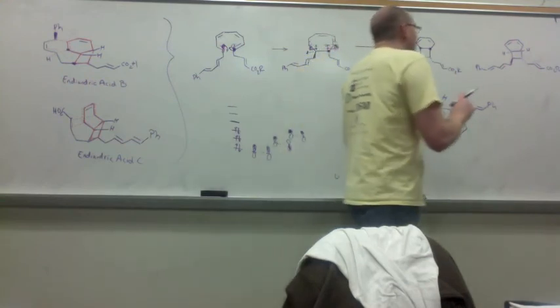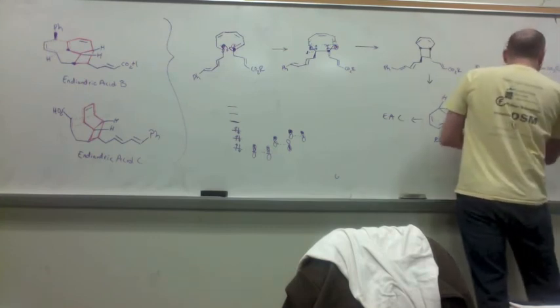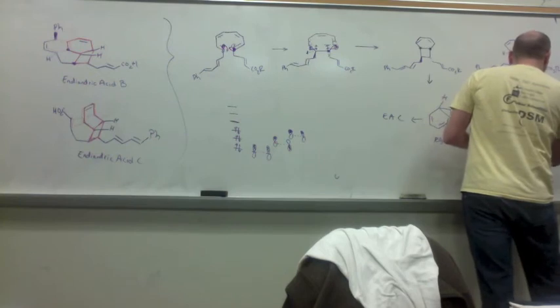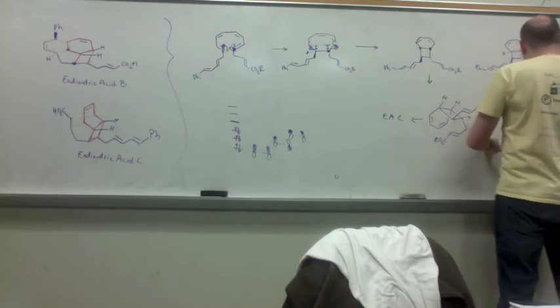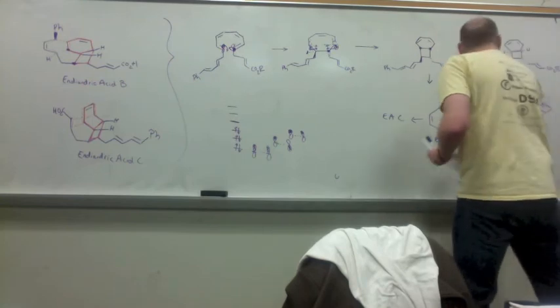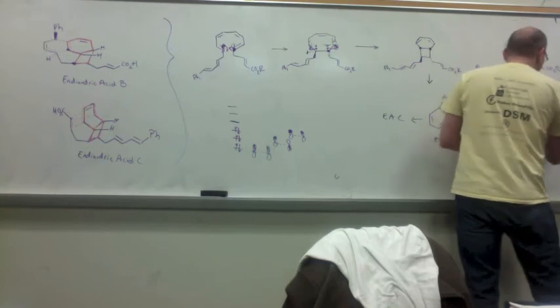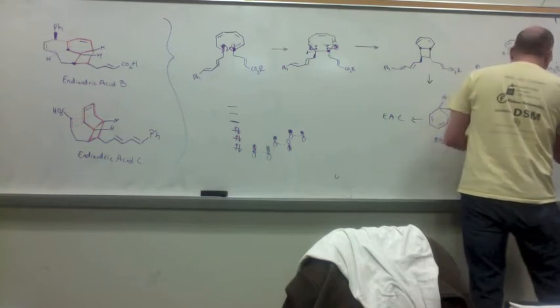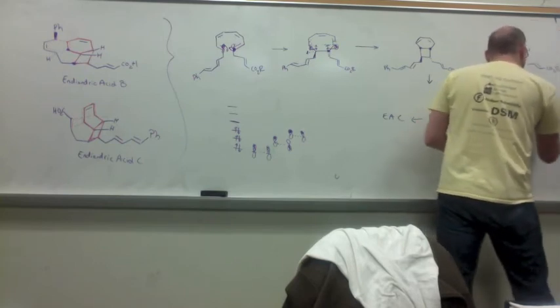Endiandric acid C. And again, if we redraw this one the same way, now in this case, we're going to flip-flop it, and so now the protons are going to be coming up. Sorry, the protons have to go back. Not easy to draw.